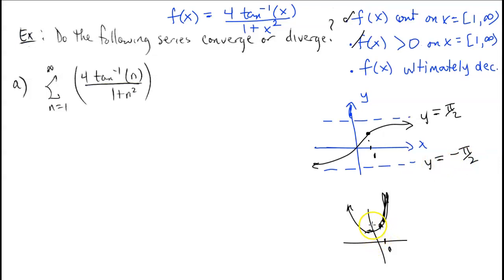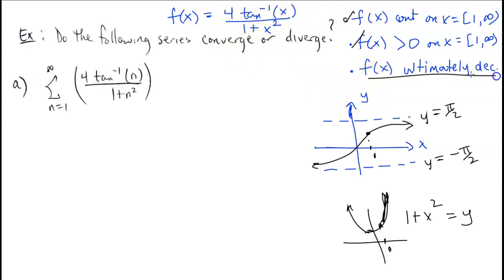So by default, the 1 plus x squared function here is going to grow faster than the 4 times arctan of x function. So our bottom function is going to grow faster than our top function. So as x approaches infinity, this function here is going to be approaching 0.